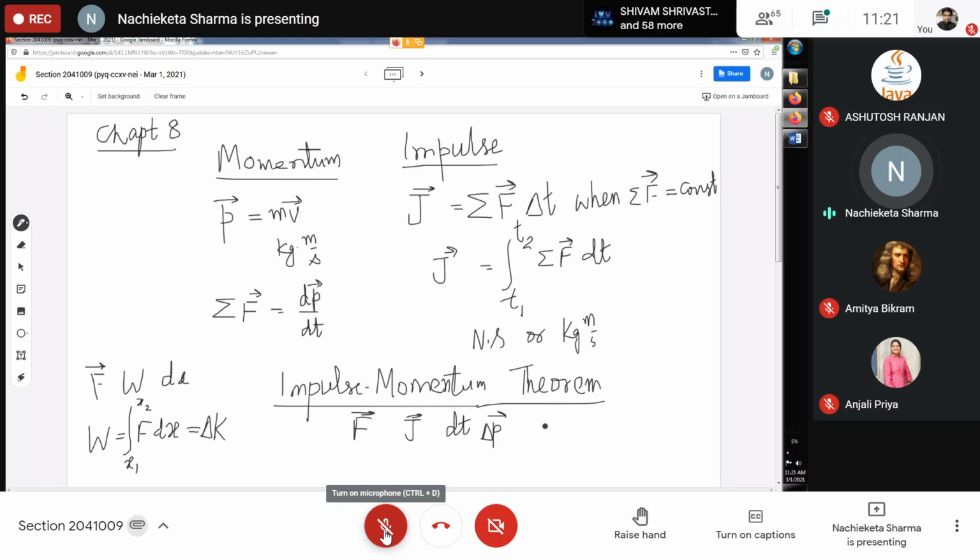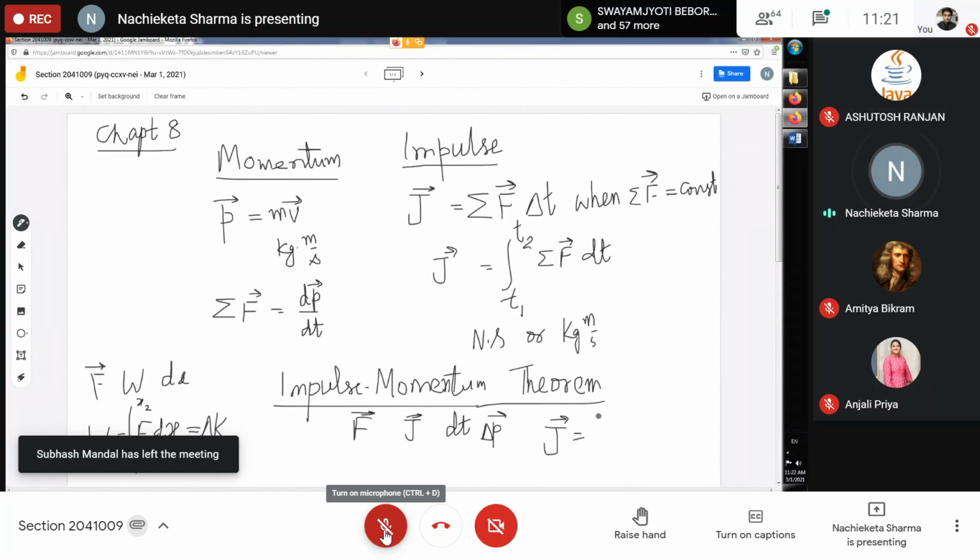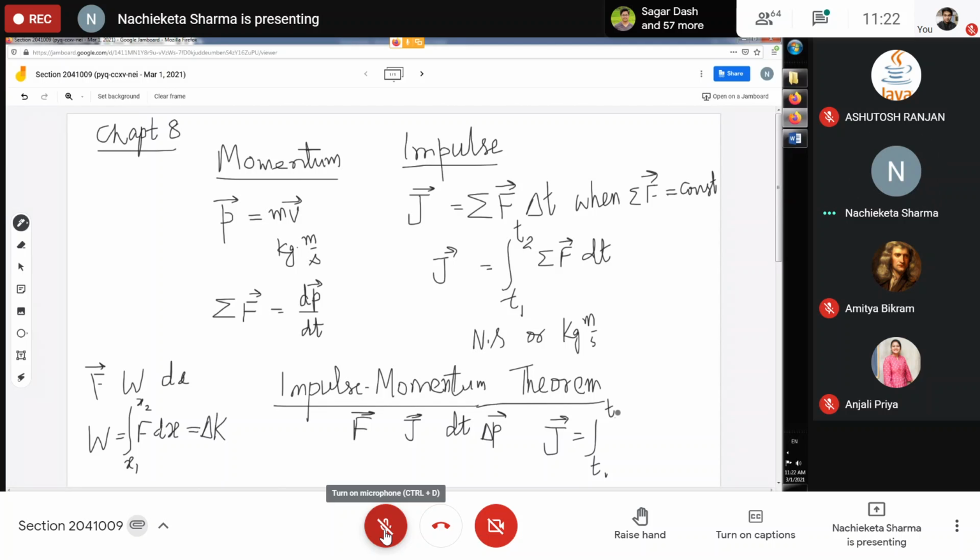So you can write J, this impulse, is equal to the integration from T1 to T2 of net force dt. Here also that is the net force, and that is equal to delta P, change in momentum. So impulse is nothing but change in momentum, as work is nothing but change in kinetic energy.